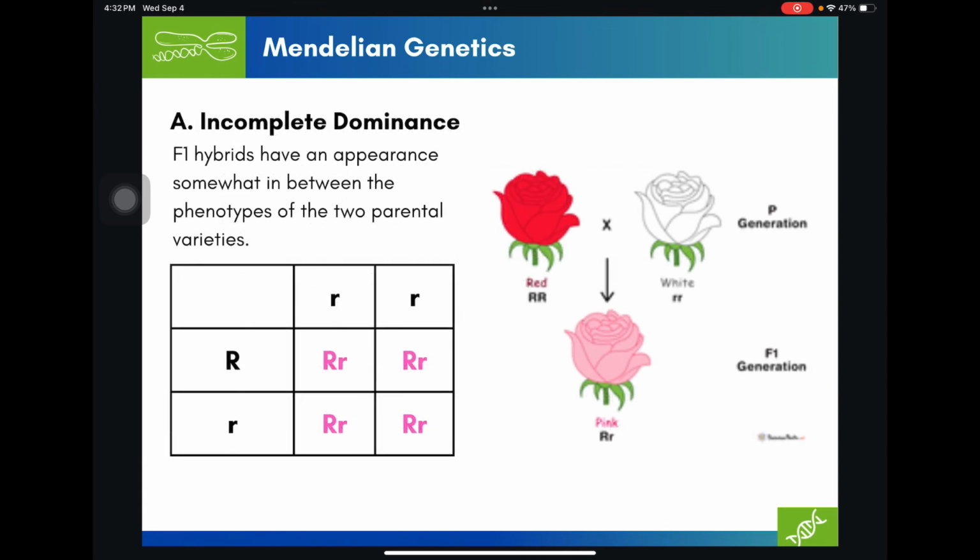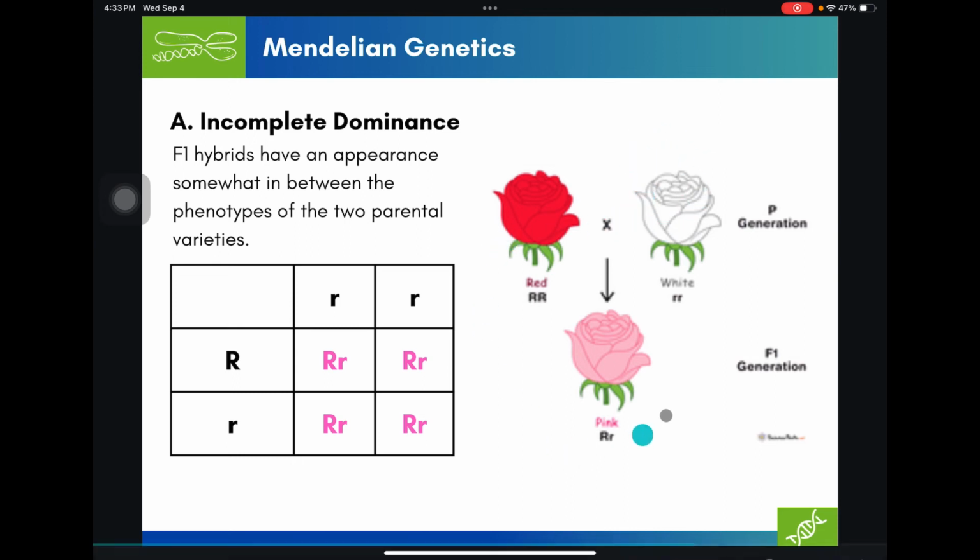A type of non-Mendelian inheritance is incomplete dominance, as we can see. In incomplete dominance, our offspring have an appearance that is somewhat in between the phenotypes of our two parents. We have two roses. One parent, the red one, carries a homozygous dominant red flower allele, while the white rose carries a homozygous recessive white flower allele.